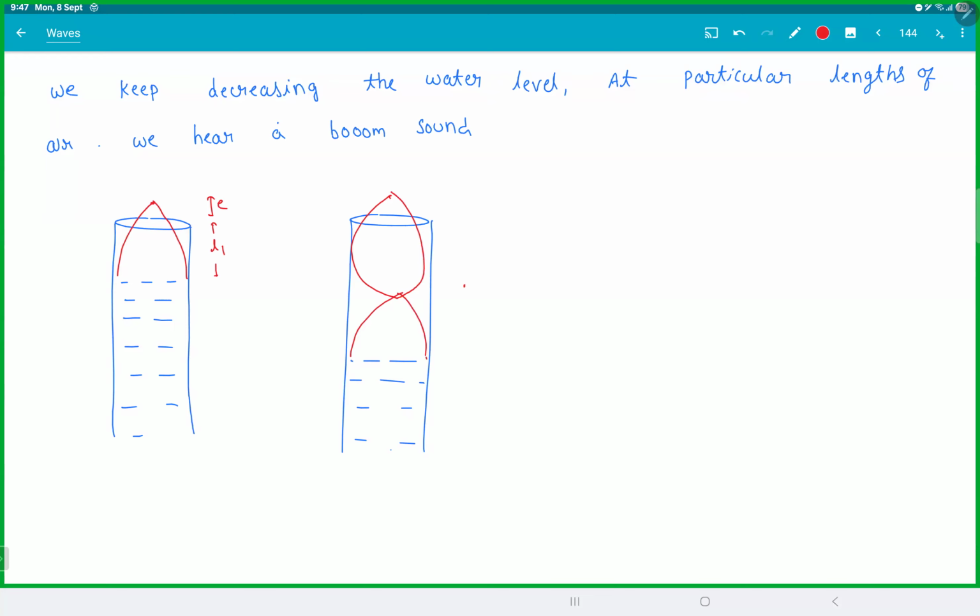So from here we can see L1 plus E will be lambda by 4. L2 plus E will be 5 lambda by 4. When you subtract them, L2 minus L1 will be lambda by 2. You can start from the top, or you can even start from the bottom and keep pouring water. The distance between two consecutive resonance lengths will always be lambda by 2.